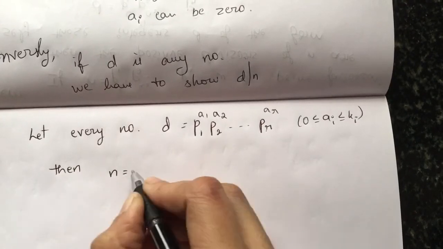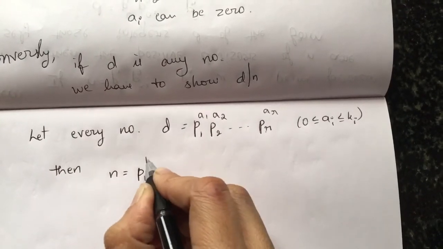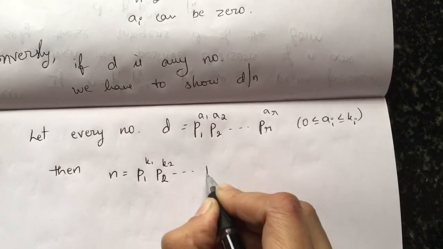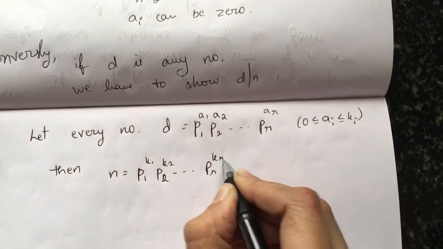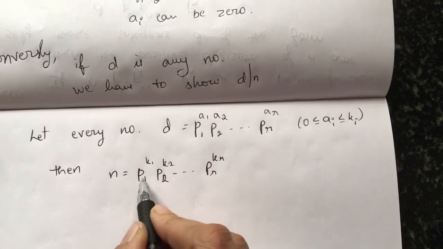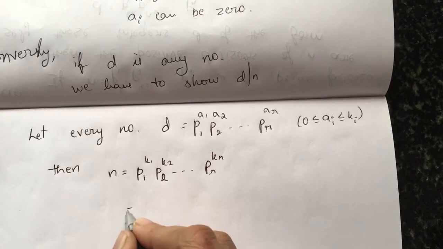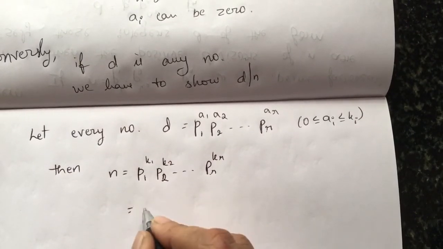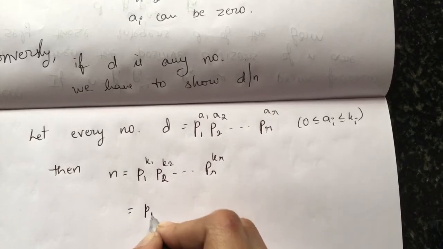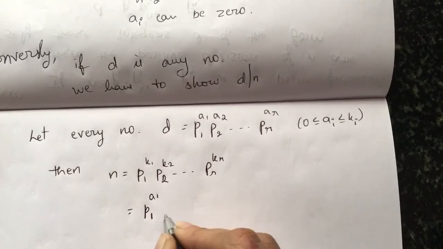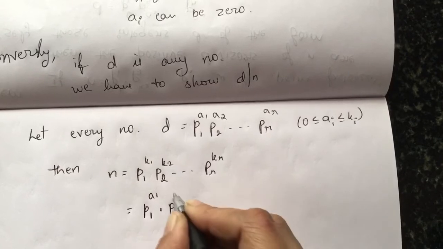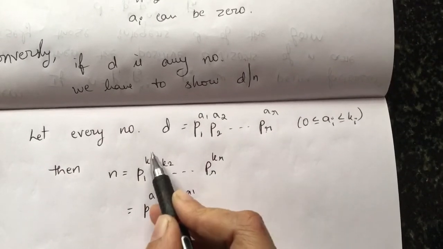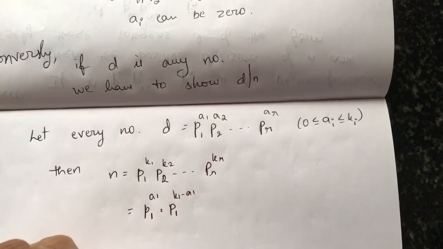Then n equal to, it is given that n is equal to p1 power k1, p2 power k2 up to pr power kr. Now this p1 power k1, I can write as p1 power a1 into p1 power k1 minus a1.